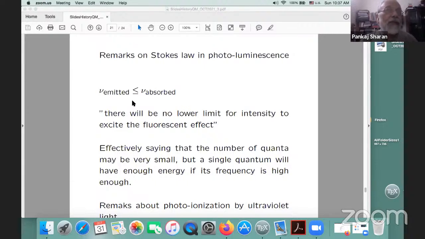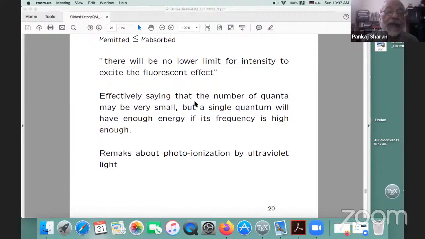That means even at very low intensities, these packets of h nu will be able to excite, whereas the classical wave theory will just say that below a certain intensity it will not be possible to excite photoluminescence. And this was experimentally verified, effectively saying that the number of quanta must be very small, but a single quantum can always kick out another photon coming out of it.